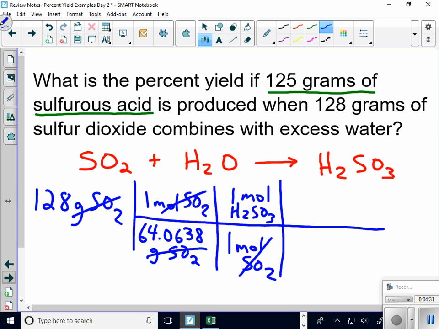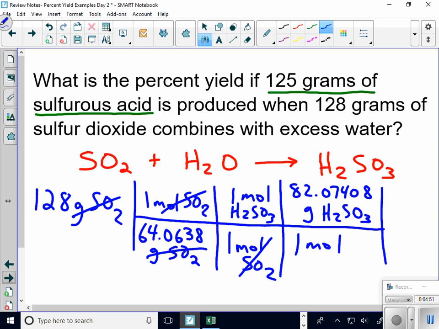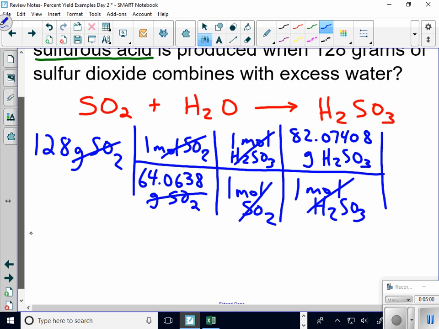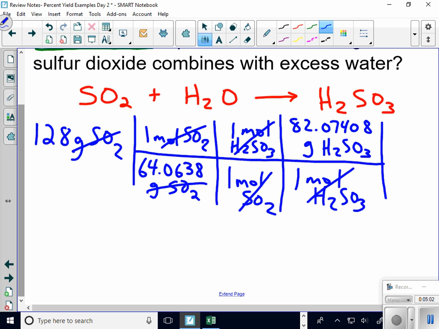Now I have to do mass of H2SO3. So that's 82.07 grams of H2SO3 per 1 mole of H2SO3. So my moles cancel. We've done mass-to-mass reactions.